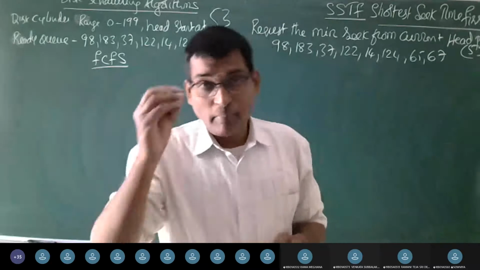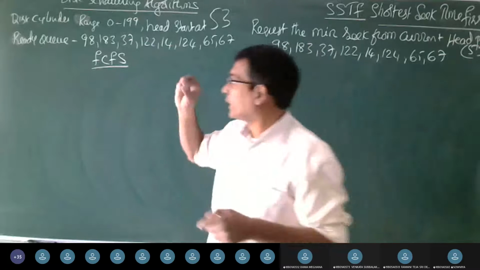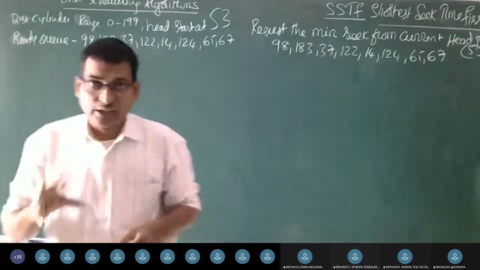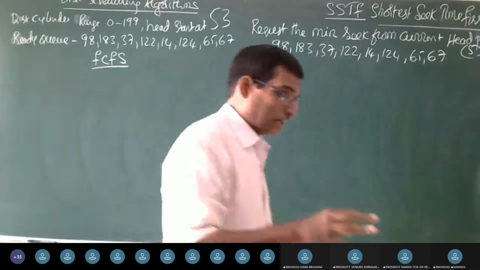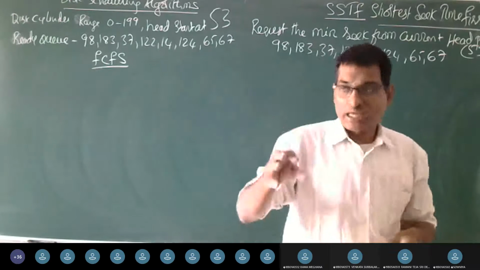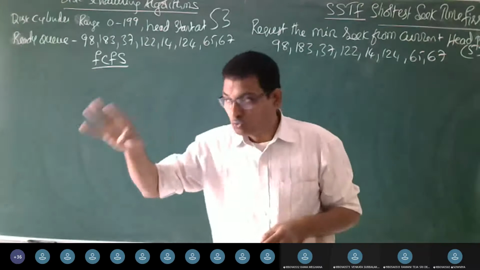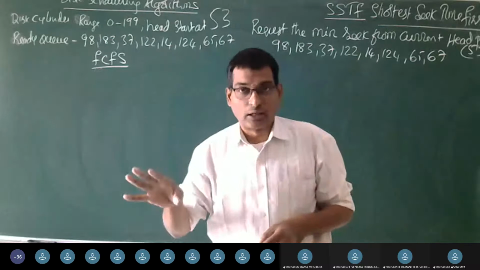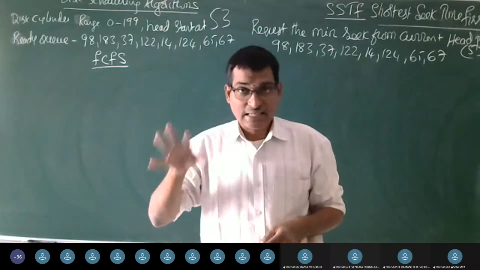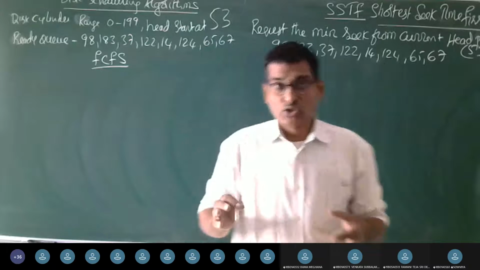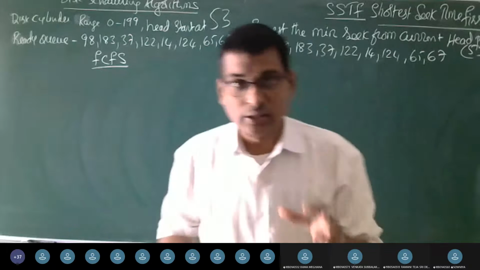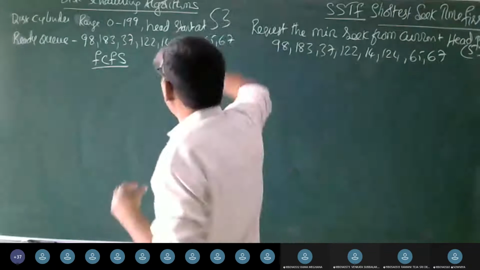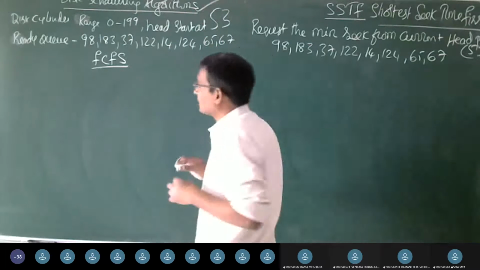The main intention is to reduce the seek time. How much time does it take to move from one location to another when there is a seek operation? To do that, we use disk scheduling algorithms.